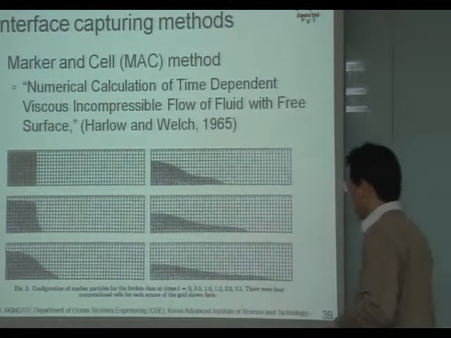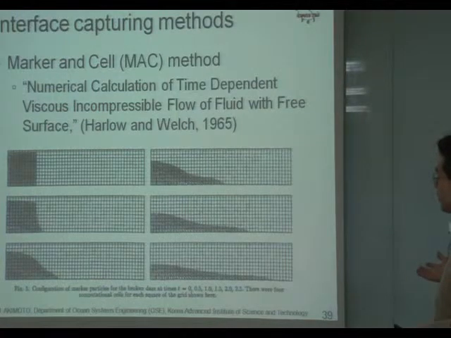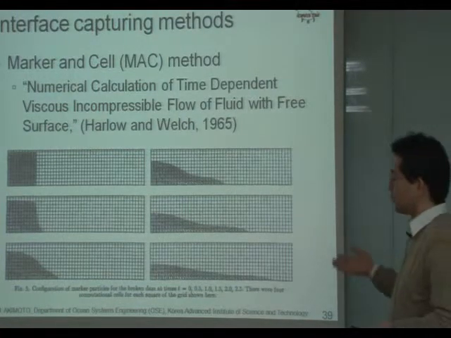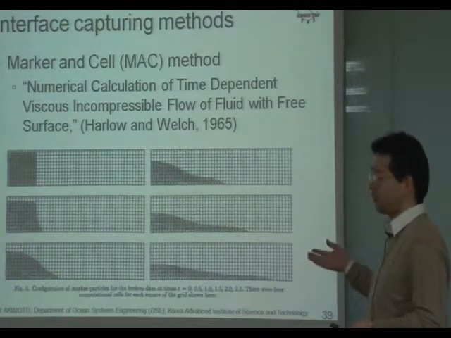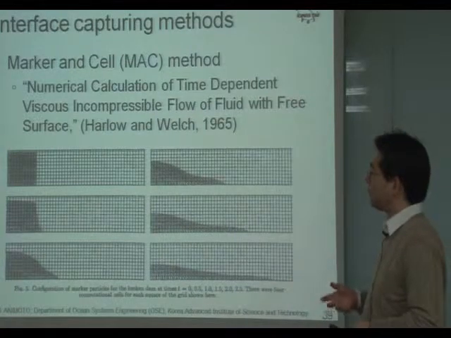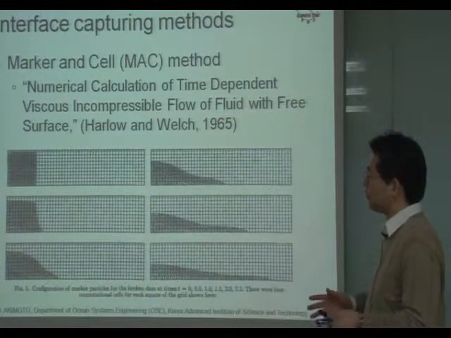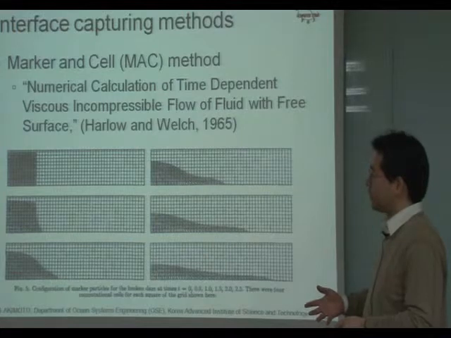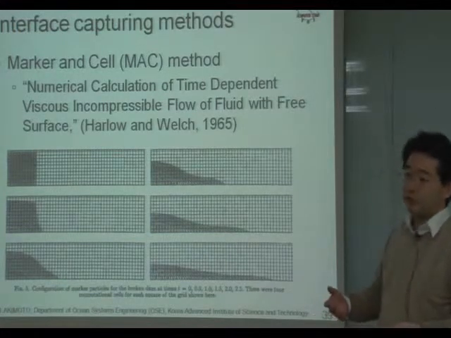So it does not assure the stability of the simulation. One solution is to rearrange the marker distribution.